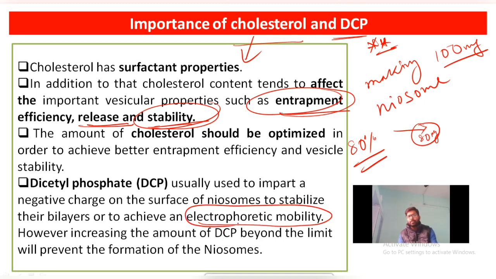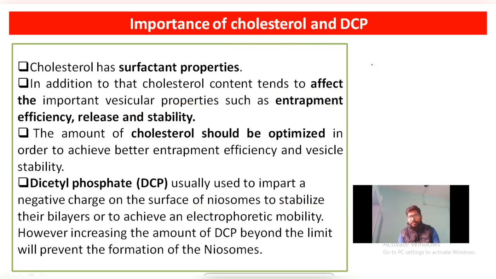What is electrophoretic mobility? All of you know that the extracellular portion, suppose this is the cell and this is the extracellular environment, contains sodium ions, that is positive charge. In case of Niosome, if you use DCP, diacetyl phosphate, then the Niosome will have some kind of negative charge on it.